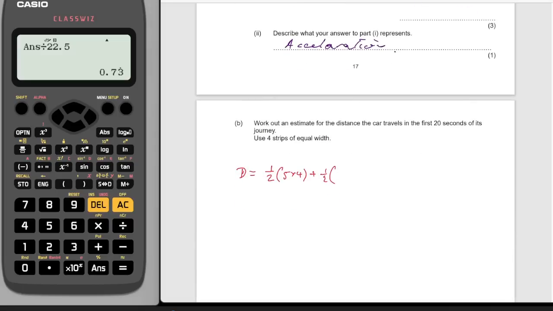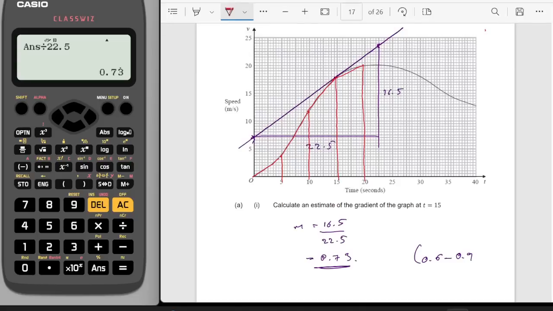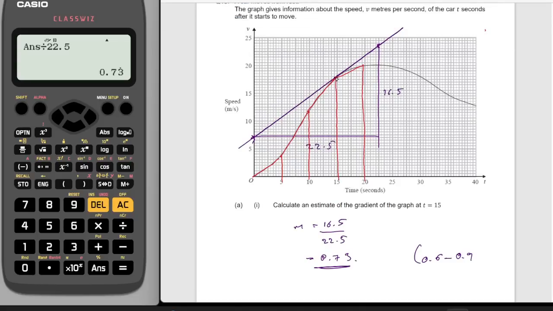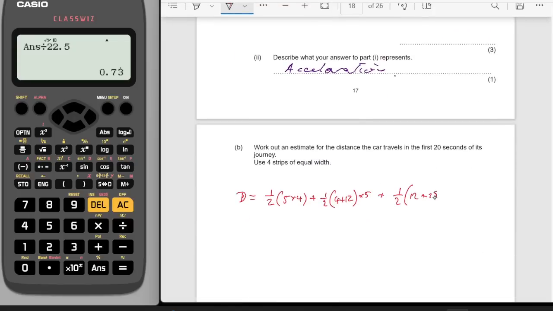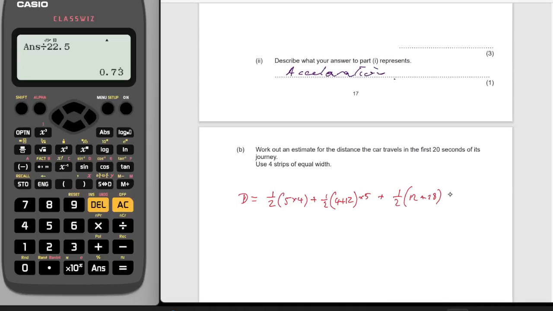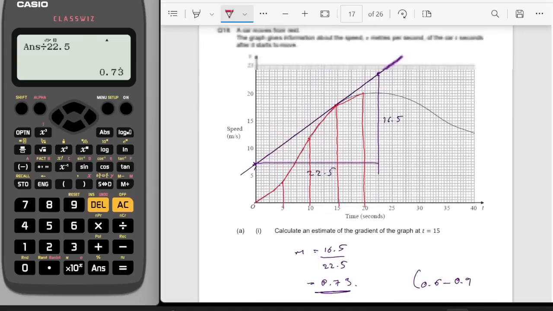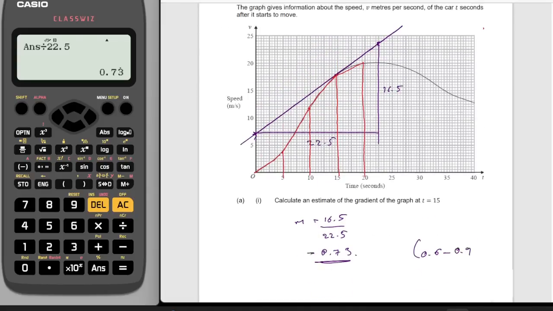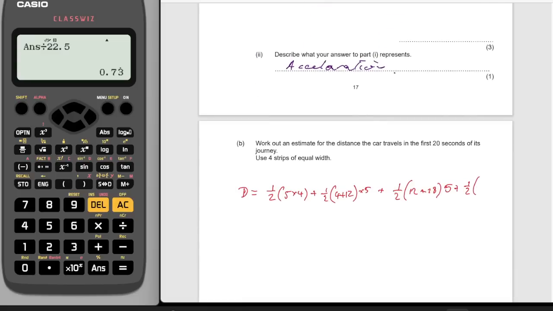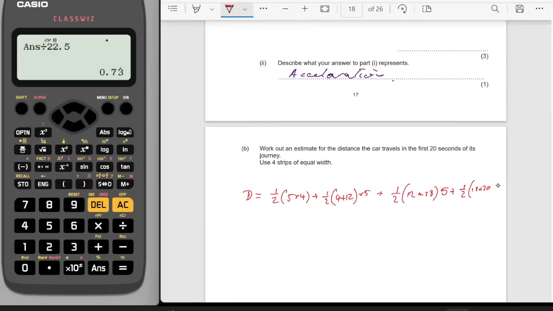So half of 4 plus 12 times by 5 again, plus a half of 12 plus the height of this one is looking like 18 times by 5 plus half of the final one, which is going to be 18 plus 20. Times by 5.